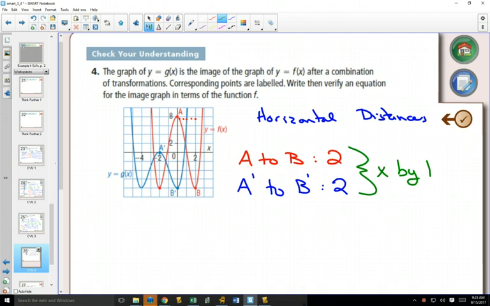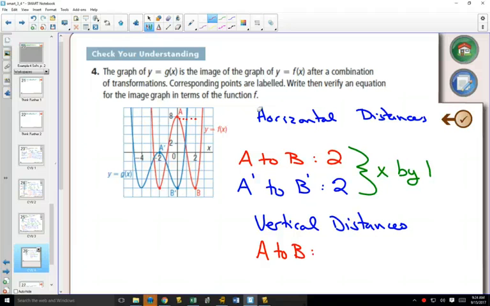To check if the same thing has happened with our vertical distances, we again look at A to B on our red graph. And A is at the top and we're going down, so this is going to be negative. We go from 8 down to negative 8, so we've gone down 16.